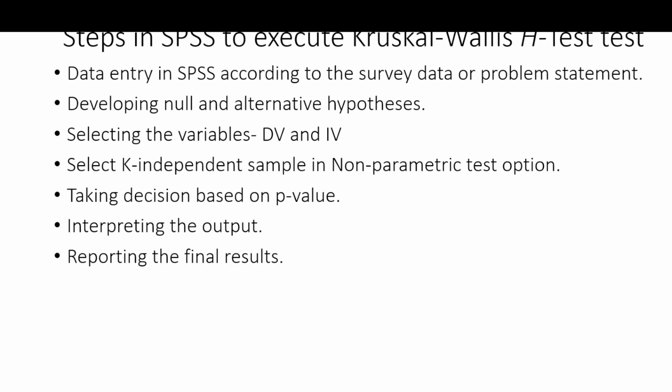The important point is that your dependent variable is not required to be normally distributed. Select K independent samples in the non-parametric test option, take a decision based on the p-value, interpret the output and report the final results. Now we are going to open the retail.sav file to understand this test.